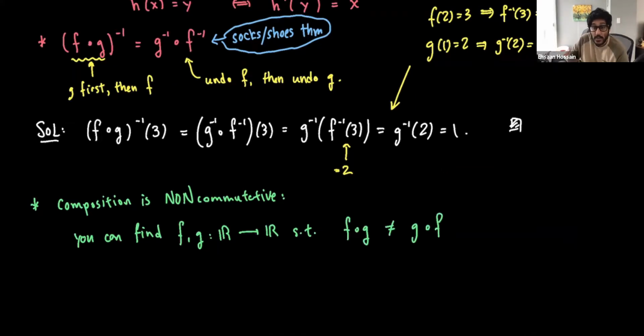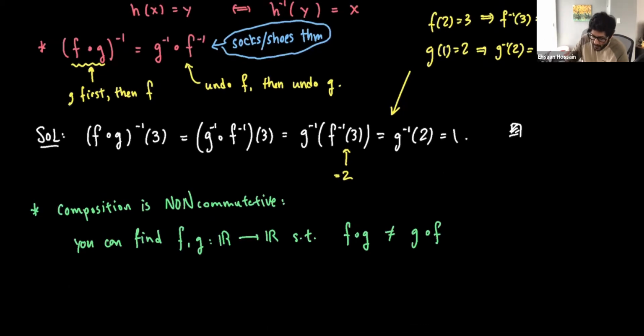Does anyone know any quick examples? Even if you give me bijections. Even bijections. You can give me two F and G's that are bijections, and still it's not going to work. Can someone give me an example?